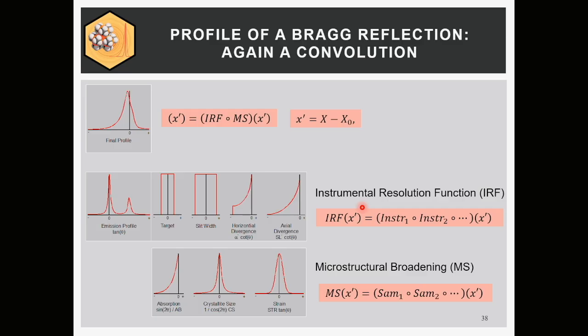So the final profile is a convolution between your instrument, or lots of aberrations from your instrument, typically optical elements or mechanical elements, and the microstructure of your sample. And typical features are here, let's say, the target function, the slit width, could be divergence slit, could be receiving slit, the horizontal divergence, the axial divergence.